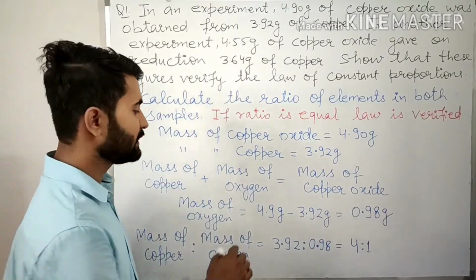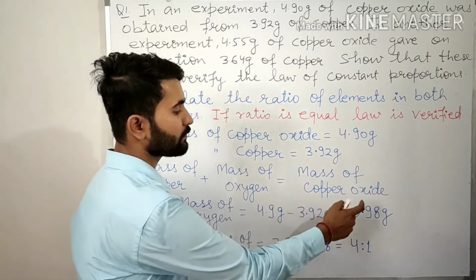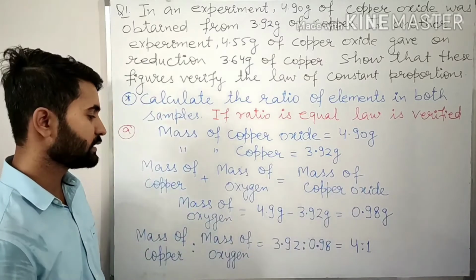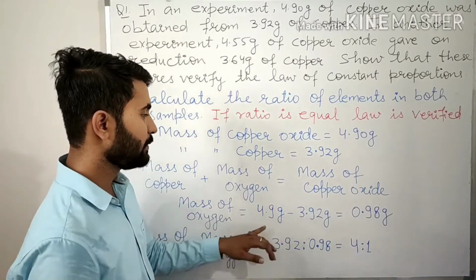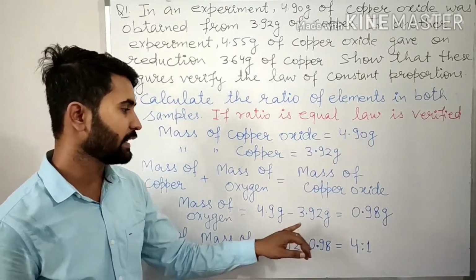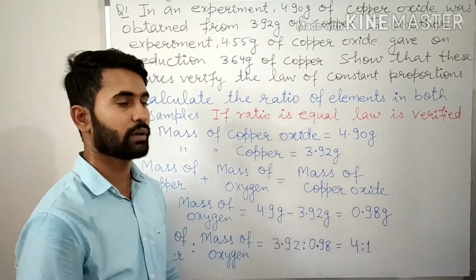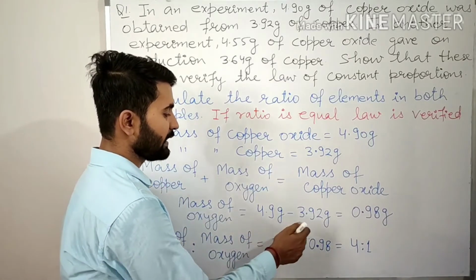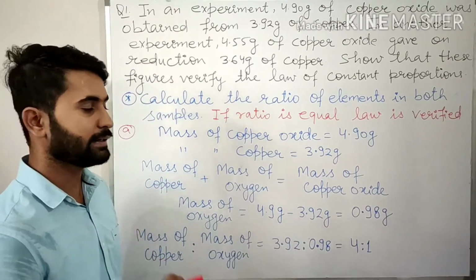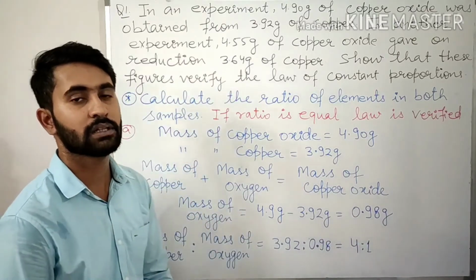For calculating the mass of oxygen, we will subtract the mass of copper from the mass of copper oxide. So in place of mass of copper oxide, we will keep 4.9 grams, and in place of copper we will keep 3.92 grams. So 4.9 grams minus 3.92 grams, we get the answer 0.98 grams.